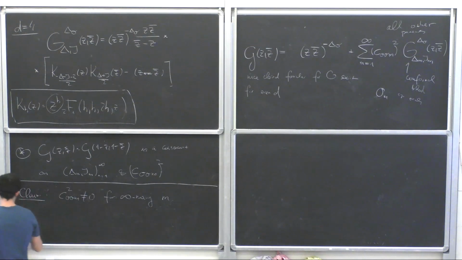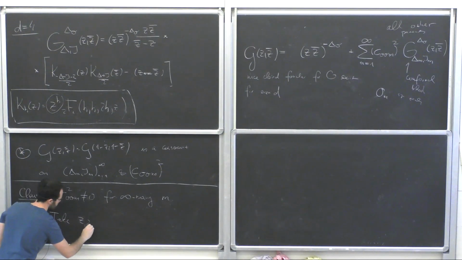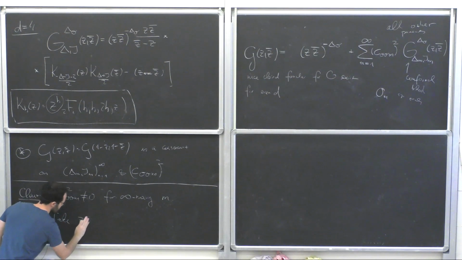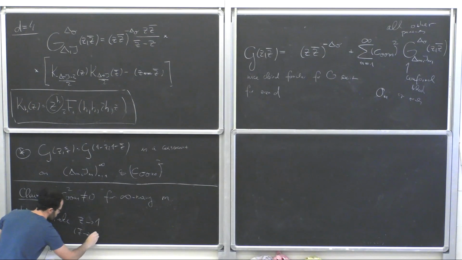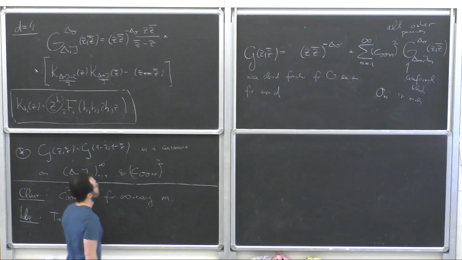Well, what's the idea of the proof? Is to take z bar. So for now, we can think of z and z bar as complex conjugates of each other. But so let's say that z goes to 1, which also implies z bar goes to 1 if they're complex conjugates, in the bootstrap equation.